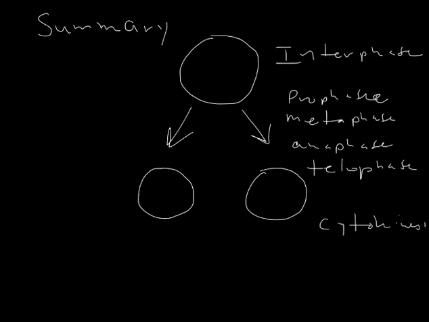And one parent cell creates 2 new identical daughter cells and completes the cell cycle.